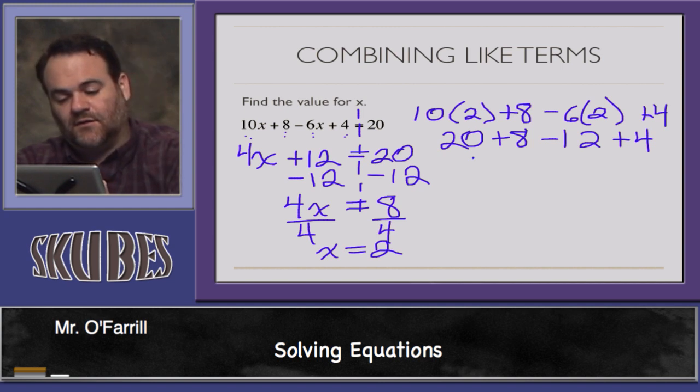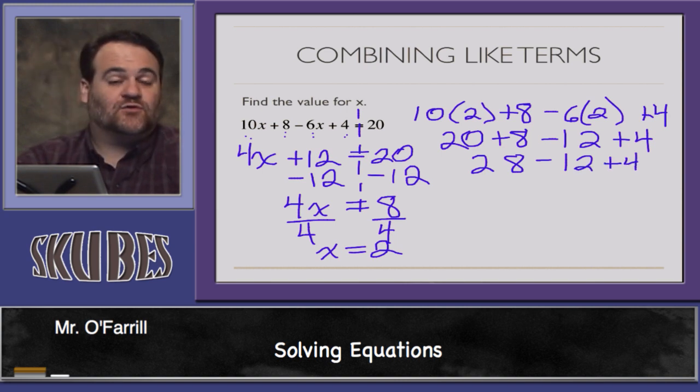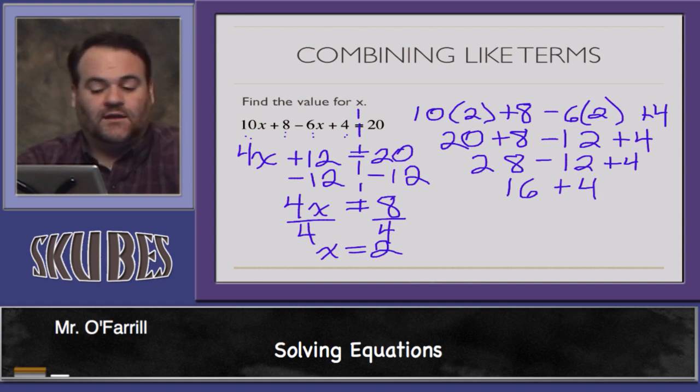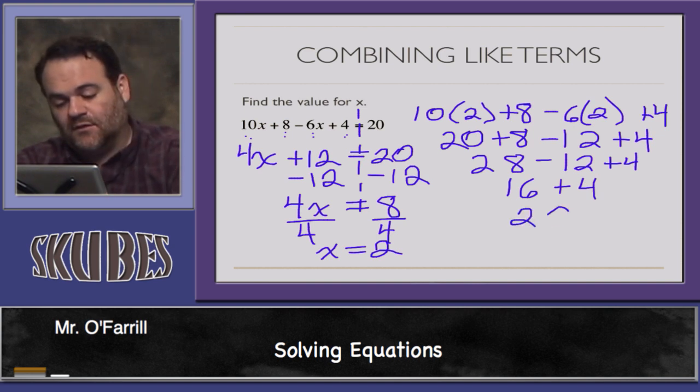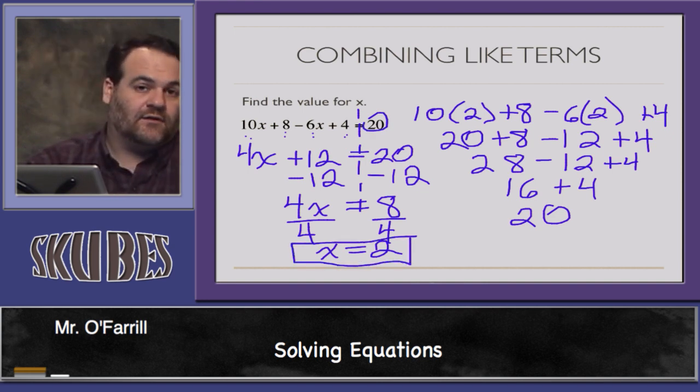This is going to be 28 minus 12 plus 4. Subtract 12 from 28 and you end up with 16 plus 4, and 16 plus 4 is 20, which is exactly what we wanted to get. So the answer is x equals 2.